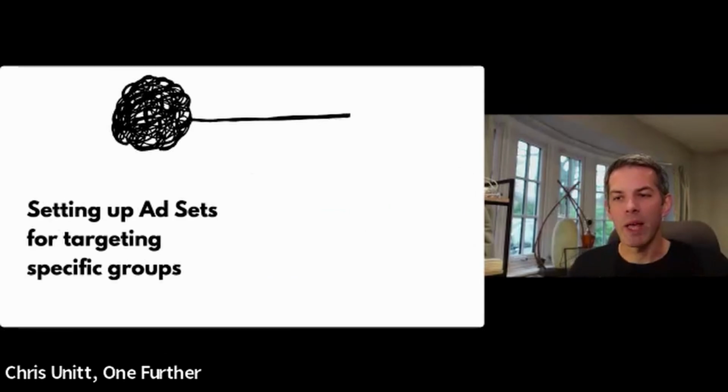The next one is kind of what I was talking about there. It's about setting up ad sets that will target specific groups of people. So you might have within one campaign, you might think, right, there are half a dozen different people that you could be targeting here.